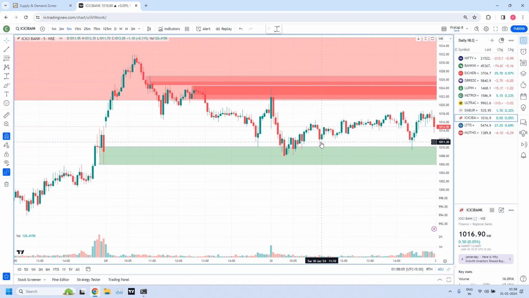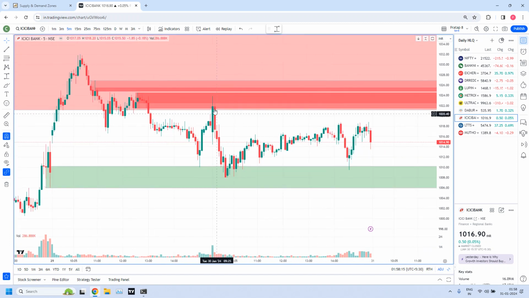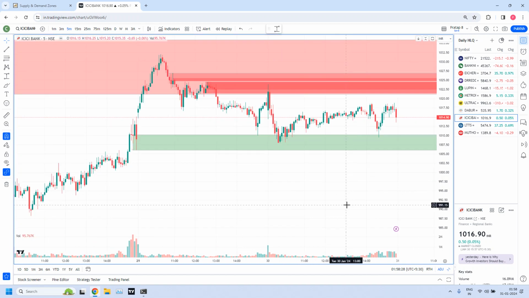Because the future lot cost is very minimal. It is only around 1,20,000 something. So that's why we got a very good ROI for this stock. And the trade also finished in just half an hour, in 30 minutes. So this is the first stock that gave a very good profit to us today.